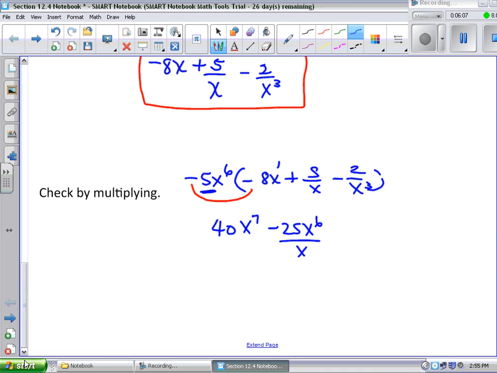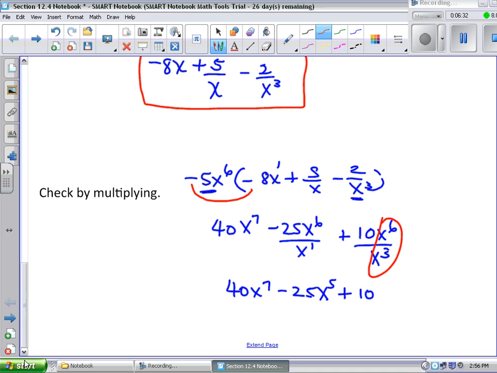Negative 5x to the 6th times negative 2 over x cubed would give us positive 10x to the 6th over x cubed, which I'll have to reduce. So now we'll have 40x to the 7th minus 25, and when I subtract the exponents there, I'll have x to the 5th, plus 10, and when I subtract the exponents here, I will have x to the 3rd.